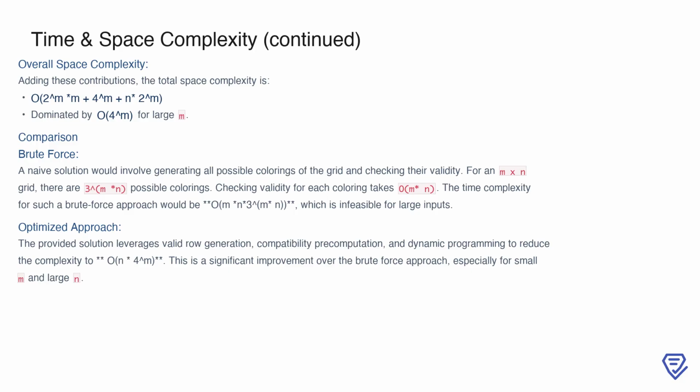This is clearly infeasible for large inputs. In contrast, the optimized solution reduces the complexity to O(n*4^m) by leveraging valid row generation, compatibility pre-computation, and dynamic programming, making it far more practical when m is small and n is large.